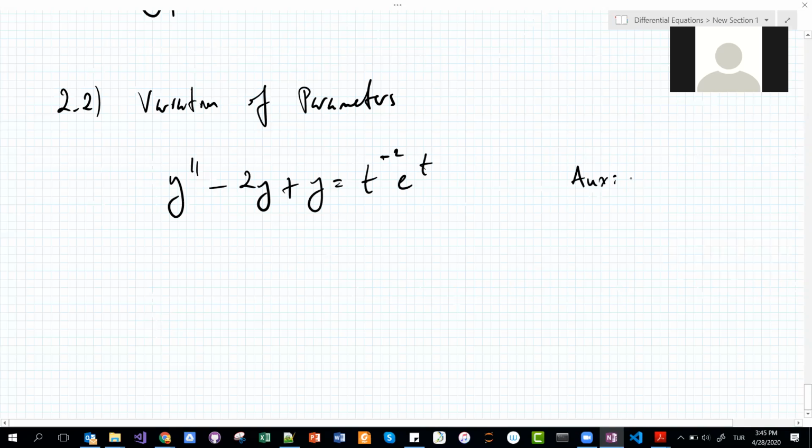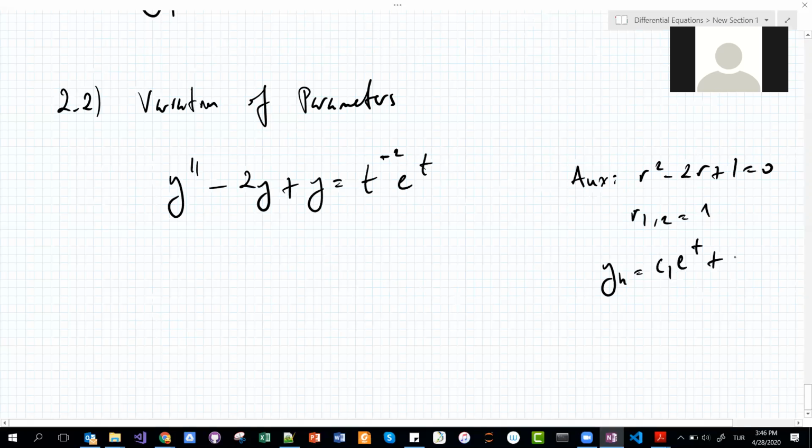To do that, I'm going to need the auxiliary equation, which is r squared - 2r + 1 in this case. So I have the same root, r1,2 = 1. That is why my homogeneous part of the solution is c1 e^t + c2 t e^t.